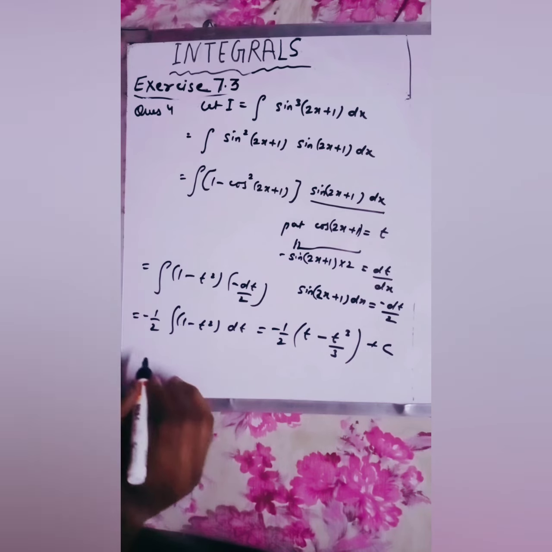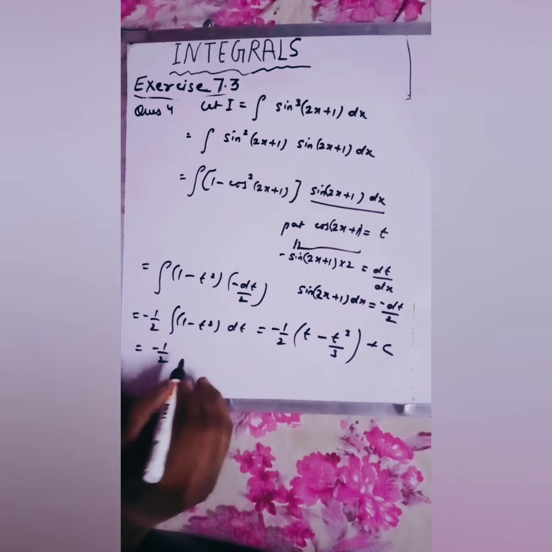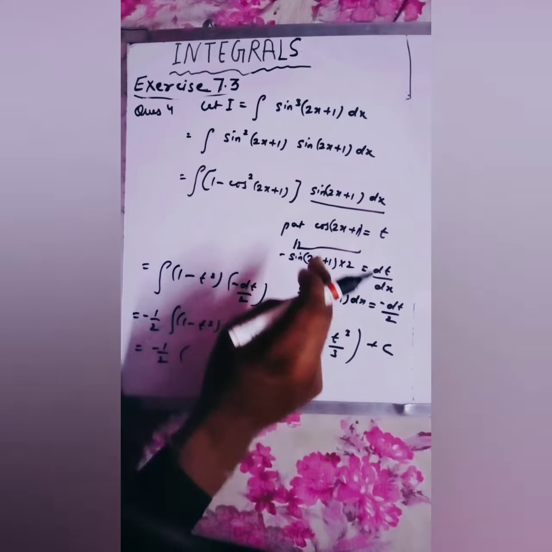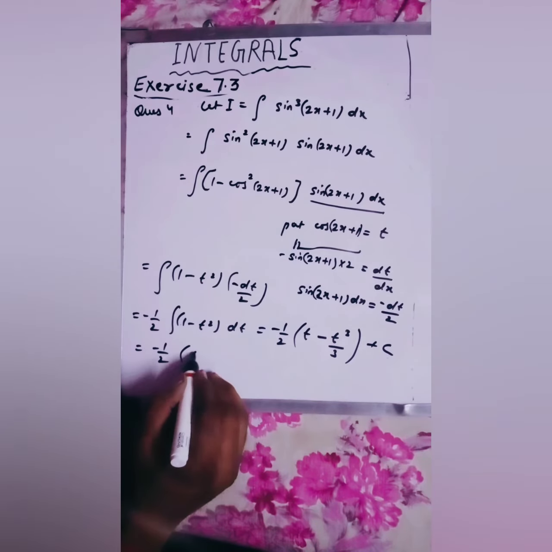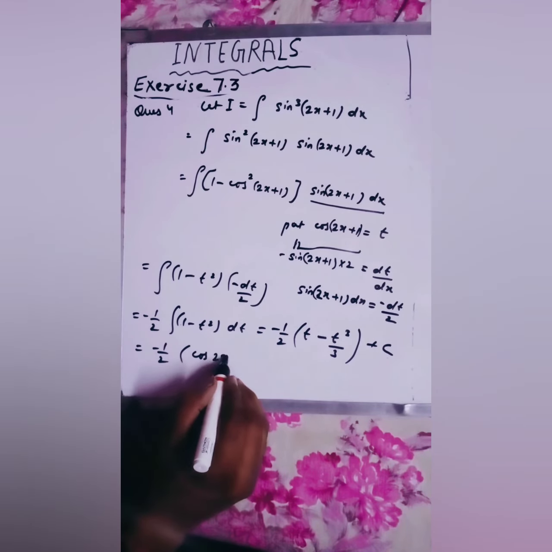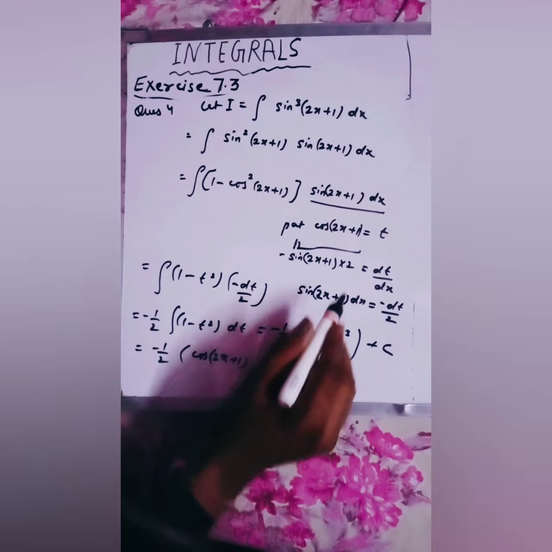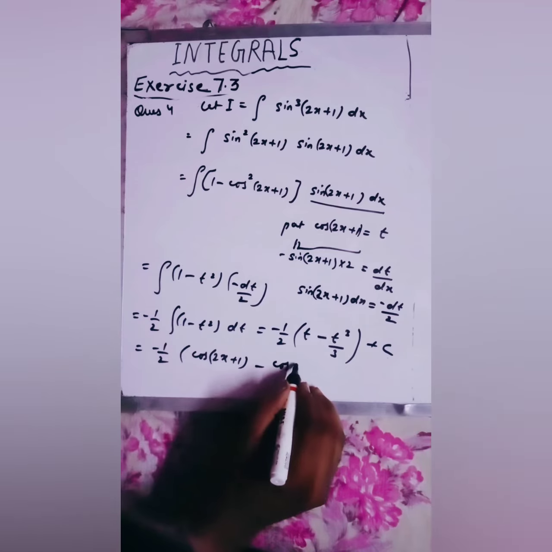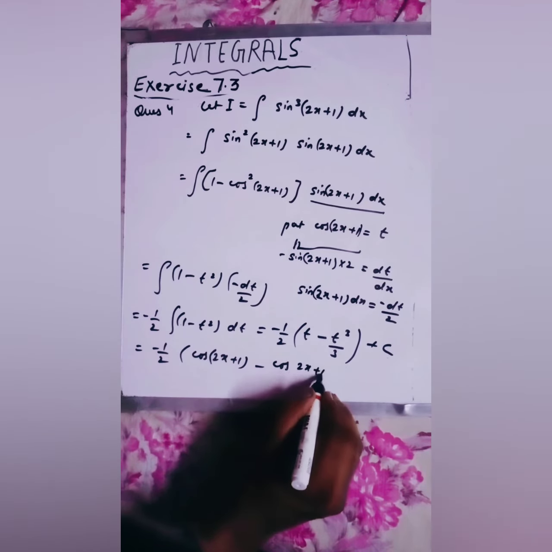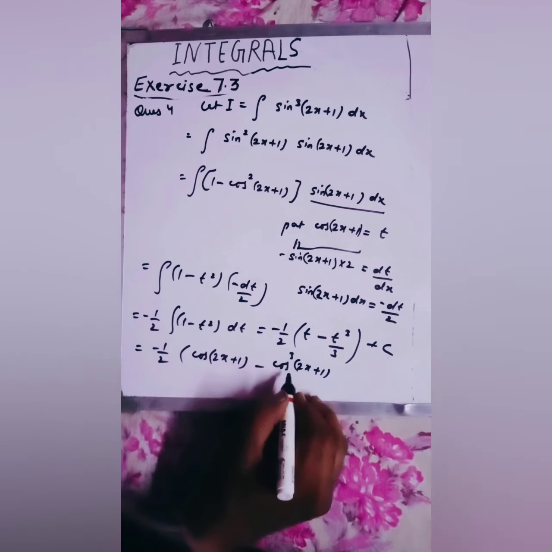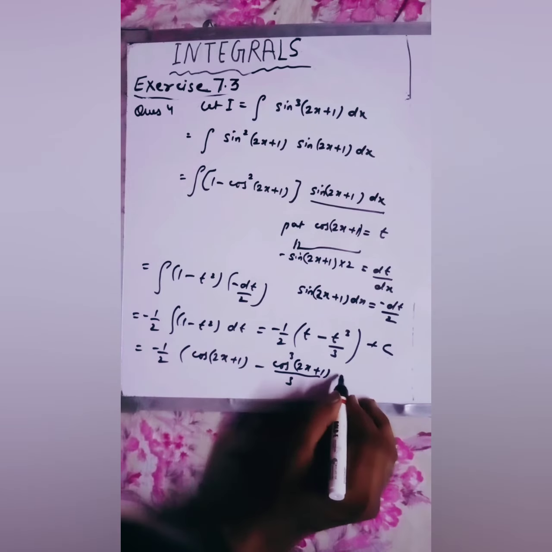Okay, minus 1 by 2, t would be, here t is cos 2x plus 1, minus t cube would be cos cube of this upon 3.